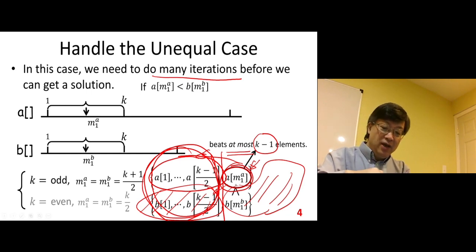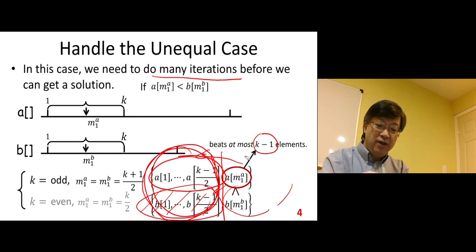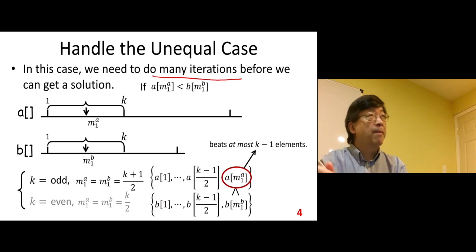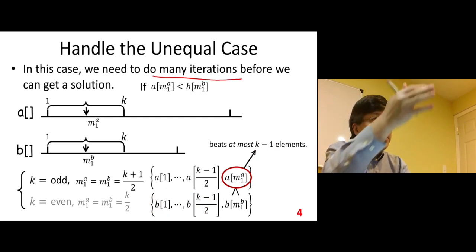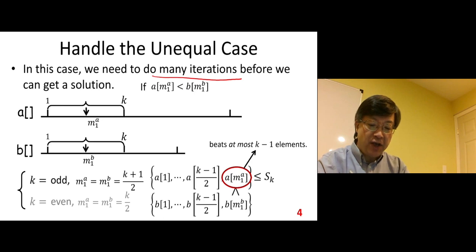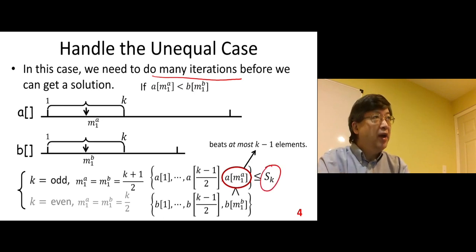Based on this observation, that it beats at most k-1 elements, what conclusion can we make? Because the best you can do is beat k-1 elements, this element is less than or equal to S sub k, the rank k element.